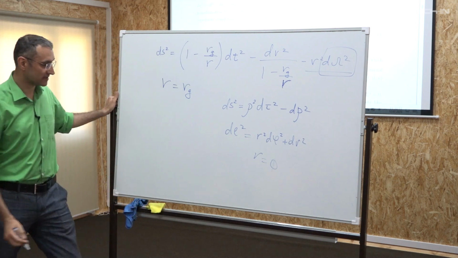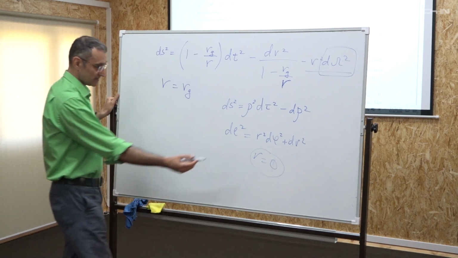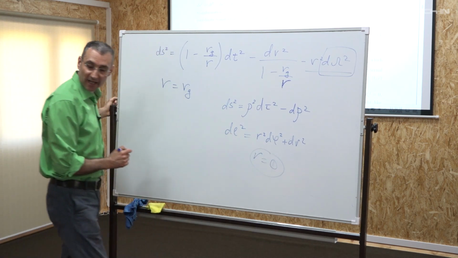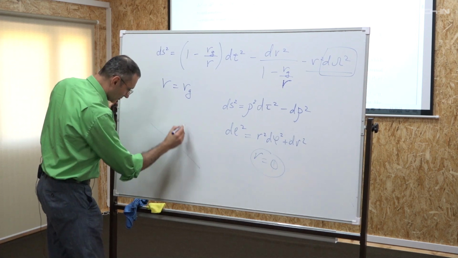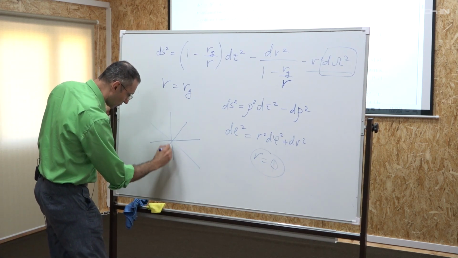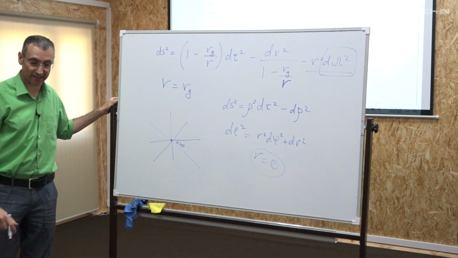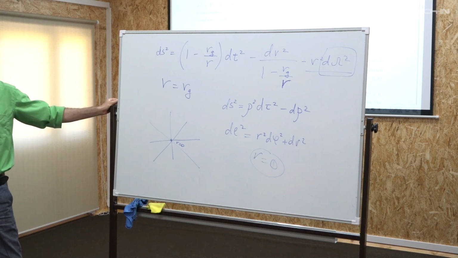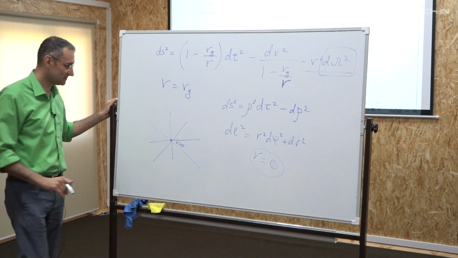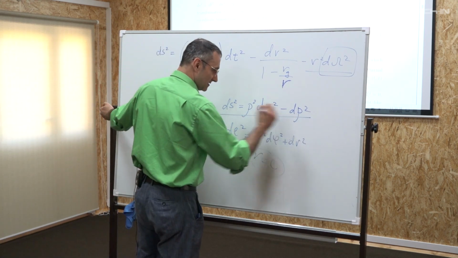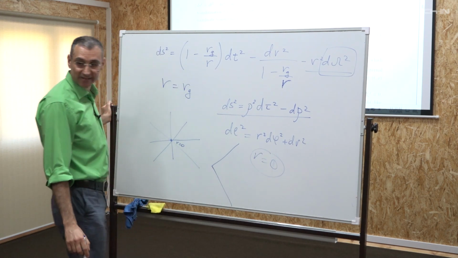The polar coordinates degenerate at r equal to 0, in the following sense: phi cannot be defined at r equal to 0. Phi can have any number. All these phi constant lines pass through one point, r equal to 0. That's a point where the metric degenerates. But space-time itself has nothing special at this point. It's flat space-time. Similar to this, it degenerates at rho equals 0, but nothing special happens at the horizon.